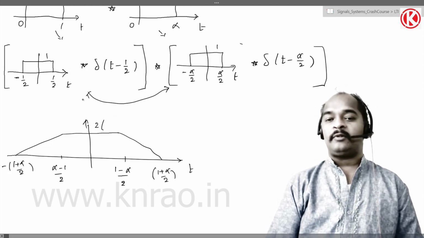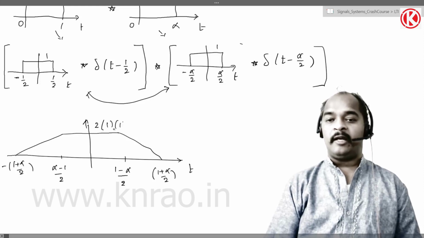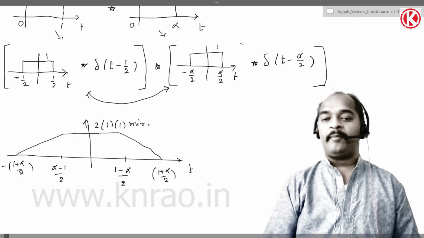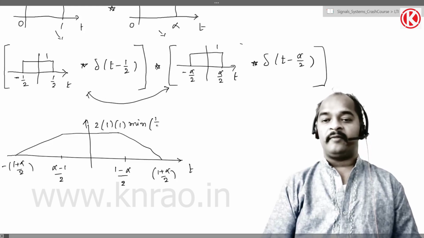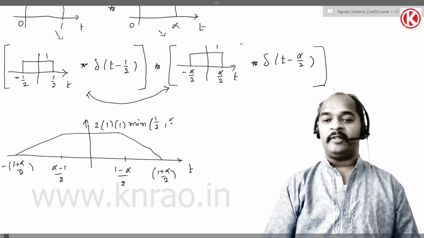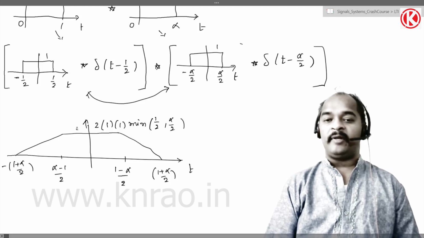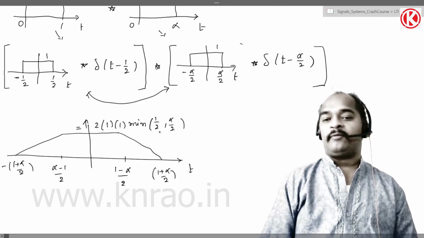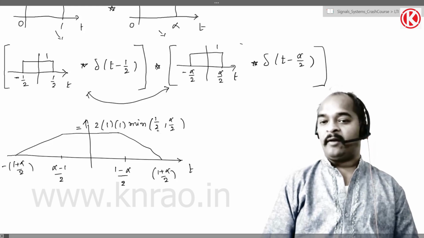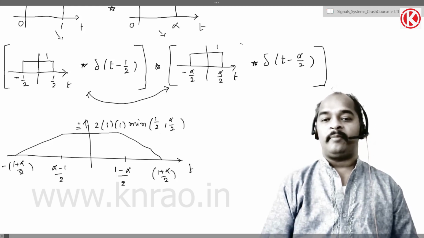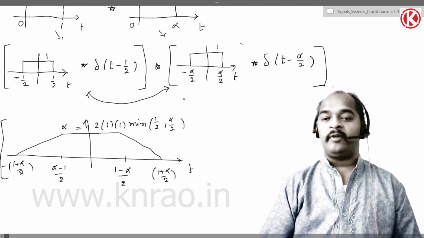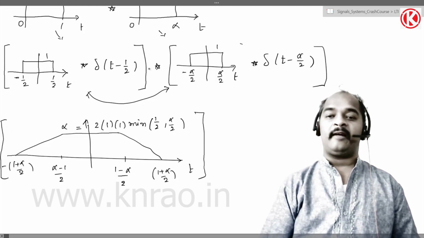That should be 2 times a1 a2, which are the amplitudes of these two rectangles, and minimum of t1, which is 1 by 2, and t2, which is alpha by 2. Because alpha is less than 1, the minimum of 1 by 2 and alpha by 2 would be alpha by 2. Alpha by 2 multiplied by 2 is alpha. So that would be the convolution of the two rectangles.